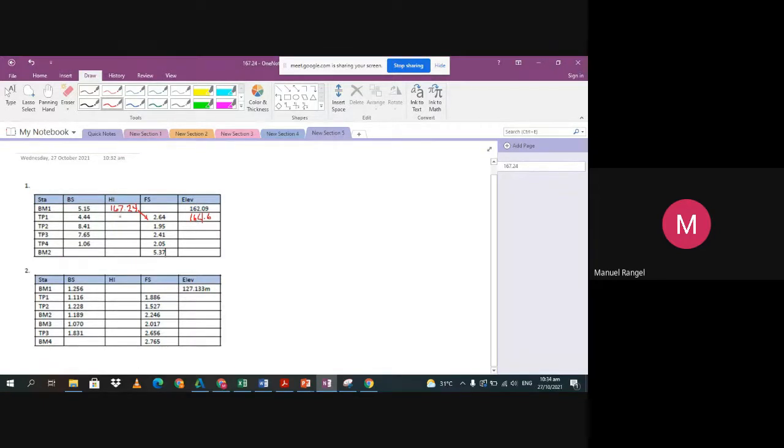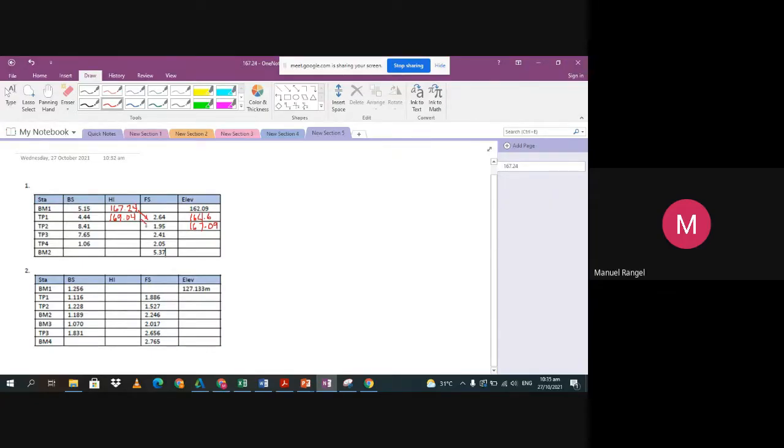So, the HI at TP1, so 164.6 plus 4.44, that is 169.04. Then the elevation of TP2, minus 1.95, 167.09. Okay.